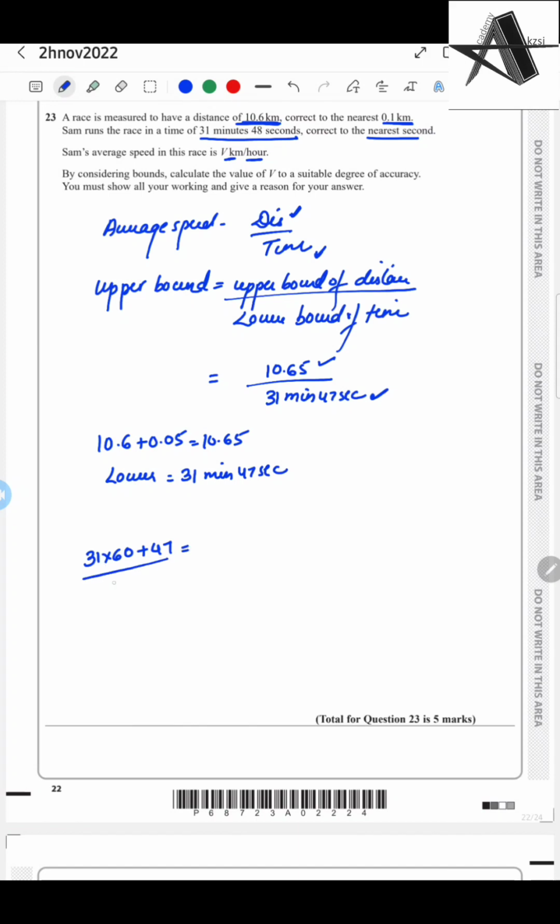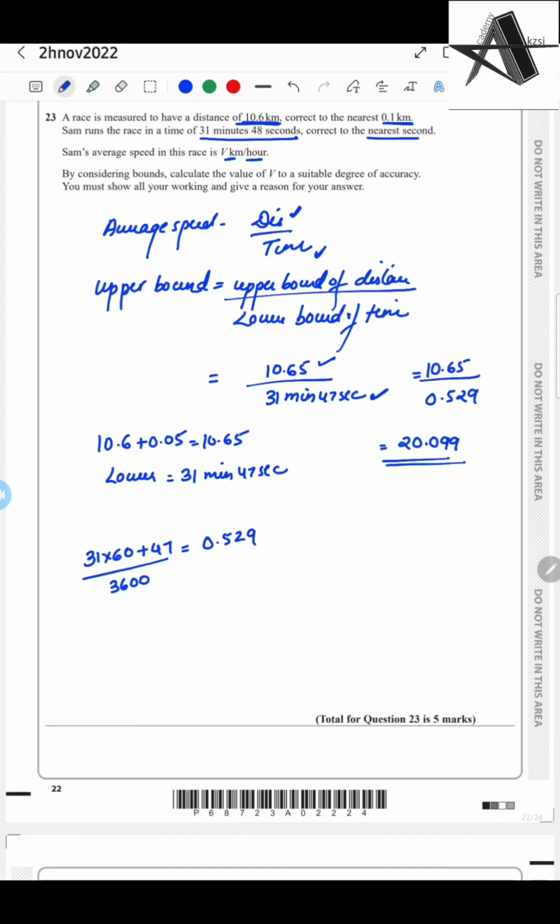Then we divide by 3600, because to convert seconds into hours you have to divide by 3600. This comes out to be 0.529. So 10.65 over 0.529. Answer is 20.099. So this will be the upper bound of speed.